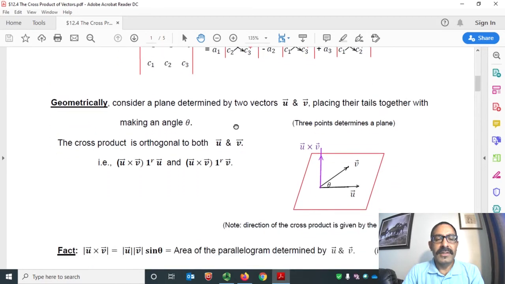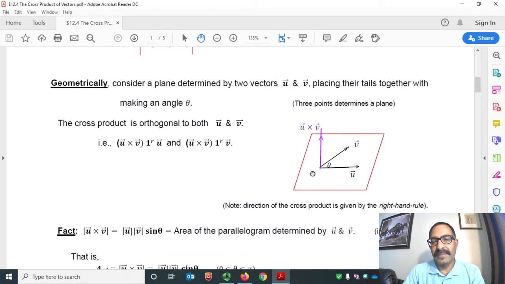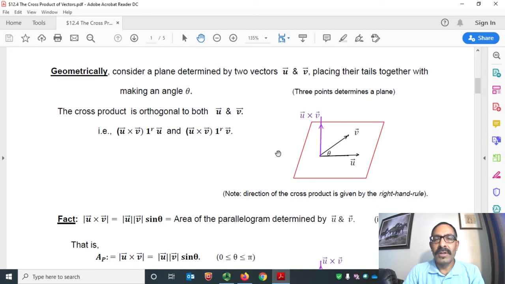Geometrically, consider a plane determined by two vectors u and v, placing their tails together, making an angle theta. Now I am giving you the geometric definition of the cross product. Place both tails together making an angle theta. Then the cross product, u cross v, is orthogonal to both the u vector and the v vector.